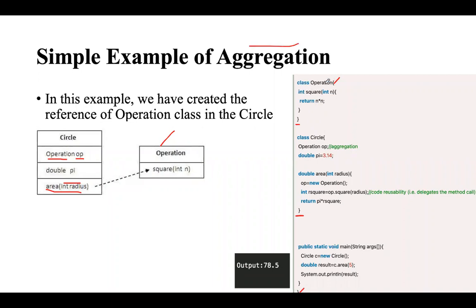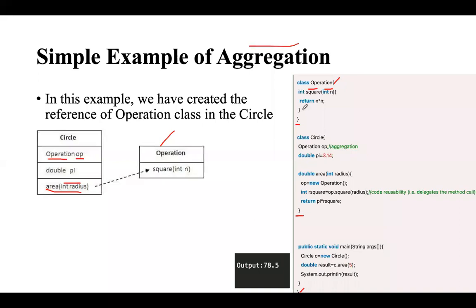Class operation has a method square, and we are passing some integer n as a parameter into it, and this function square returns the data type integer.